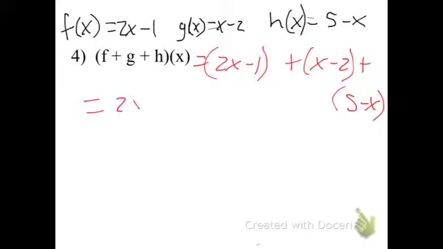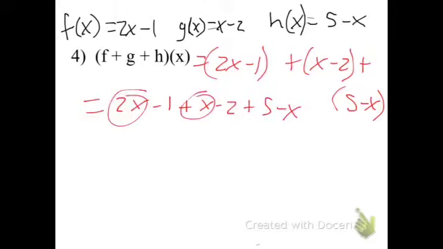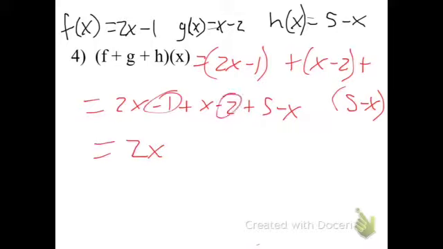You notice I have 2x, positive x, and then negative x, so add those all up. 2x plus x is 3x, subtract x, you're looking at 2x. And I have negative 1, negative 2, and 5 all being added together. Negative 1 plus negative 2 is negative 3, add 5 gives you plus 2.